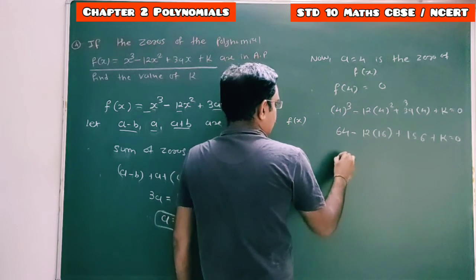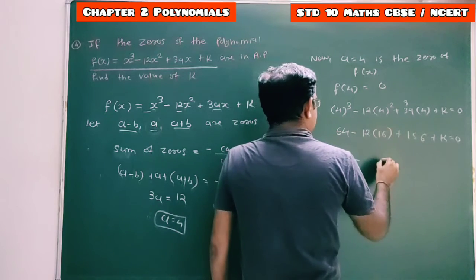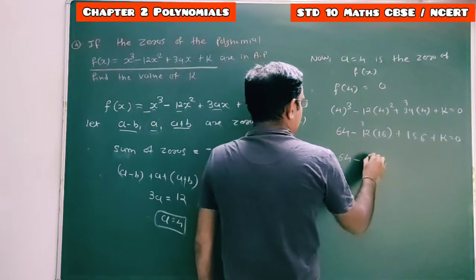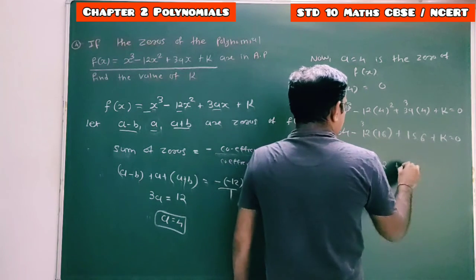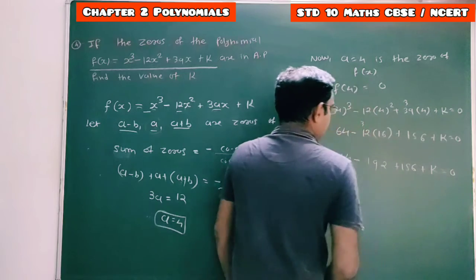So this will be 64 minus 16 2s are 32, 16 1s are 16 plus 3, 192 plus 156 plus k equal to 0.